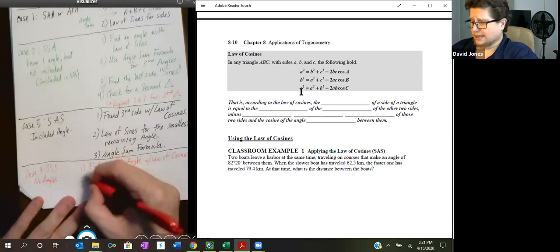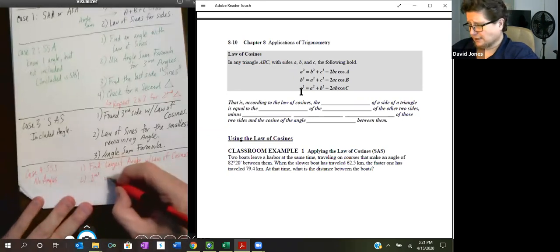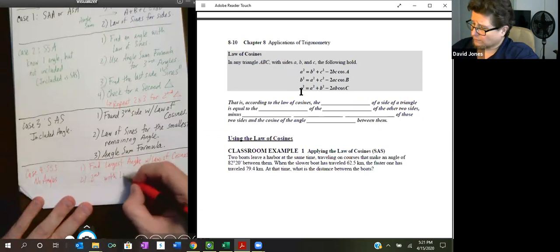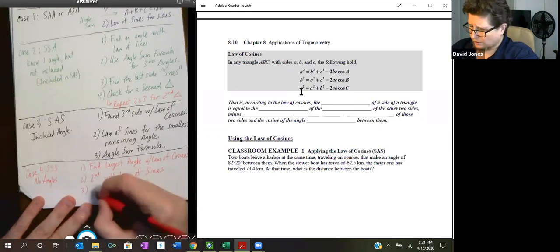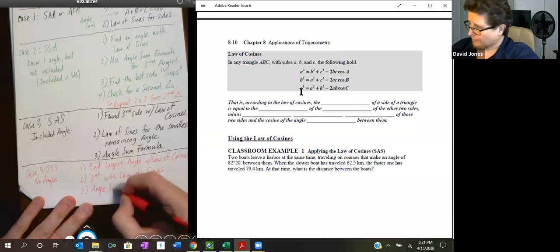And then the second angle with law of sines. And the third angle, you always want to use the angle sum formula.